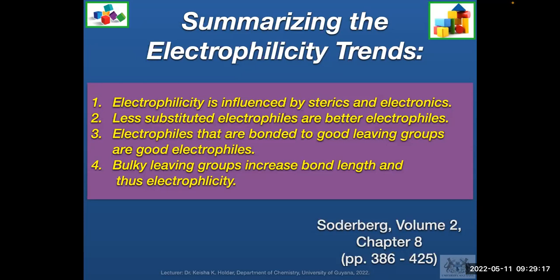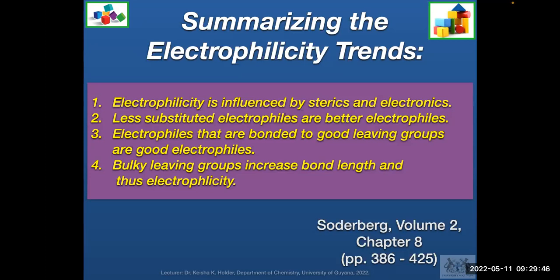Secondly, electronics plays a significant role in determining the electrophilicity of a molecule. So, an electrophile, as you know, is highly dependent on the presence of a polarized bond. There needs to be a charged dipole that is present between your electrophilic atom and your leaving group.